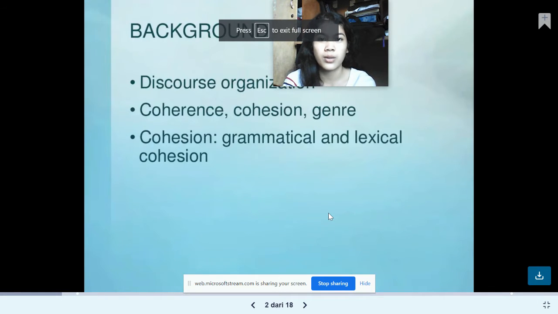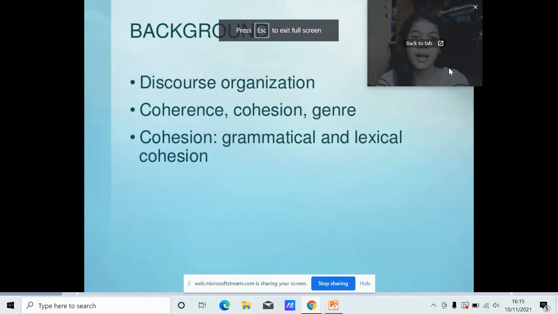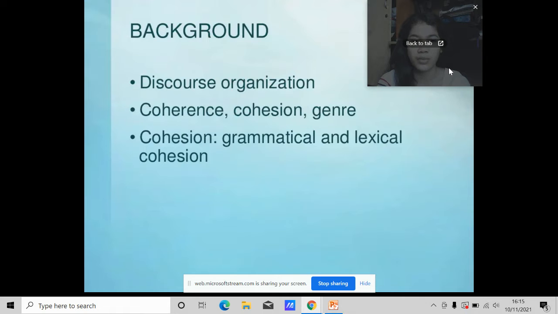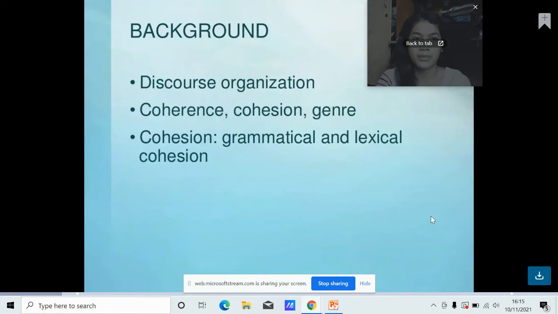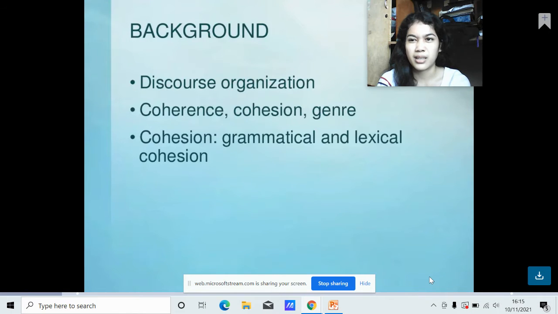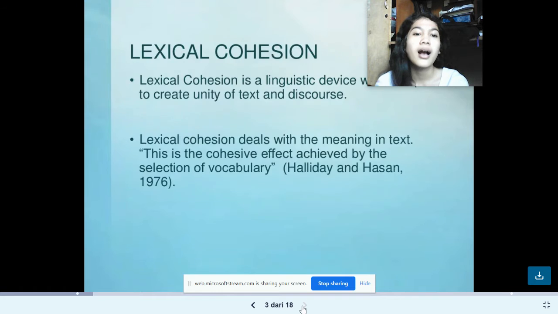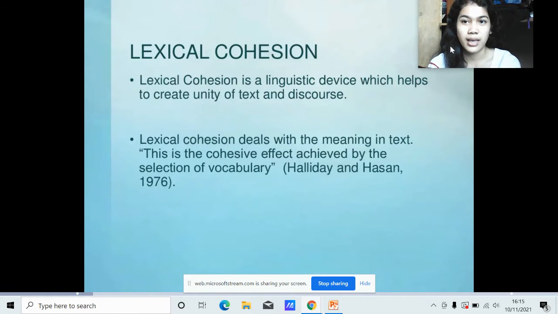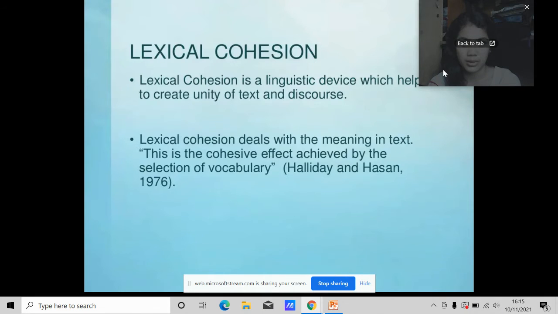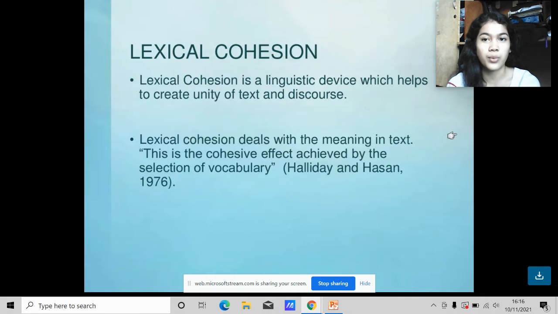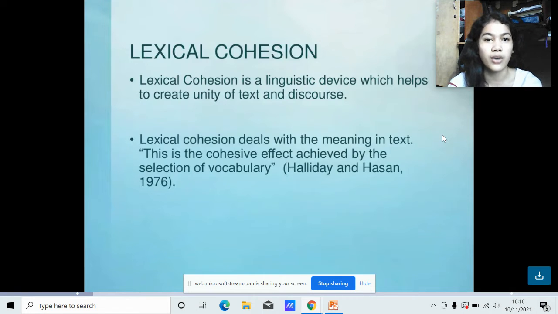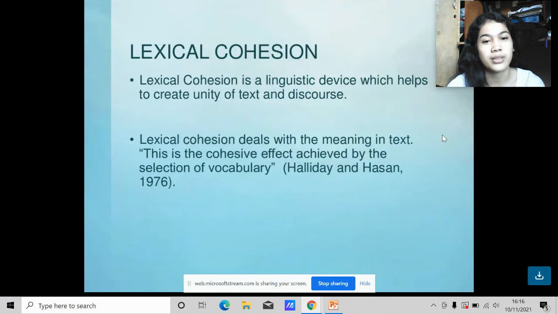Okay, so the lexical cohesion, we have here the background, the organization, and then I will explain to you. Lexical cohesion is a linguistic device which helps to create unity of text and discourse.